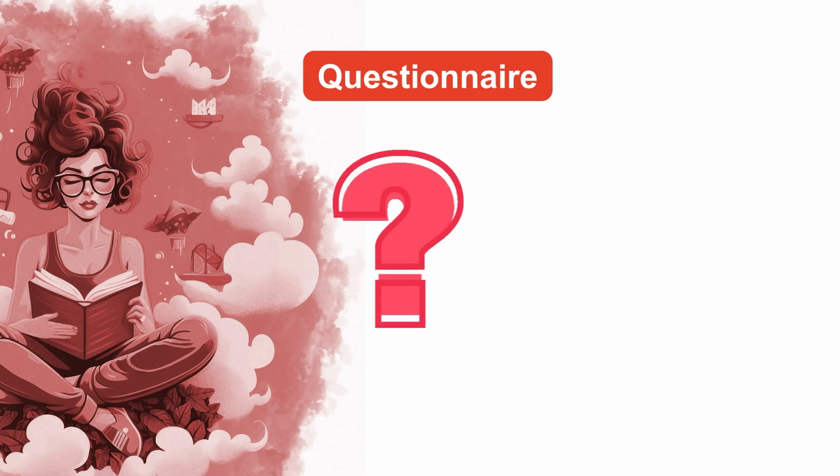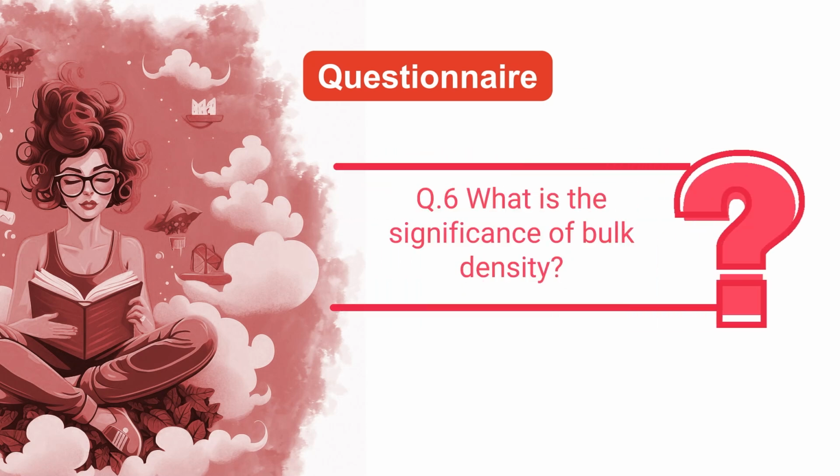So aerated and compact. What is the significance of bulk density? How much you will be able to pack. For example, take chivda or mudi, the roasted rice. If it is rice in a sack, you may be able to put, for example, 50 kg. But in the same sack, if you have roasted rice, you will not be able to fill more than maybe 15-20 kg. This is because of the bulk density.